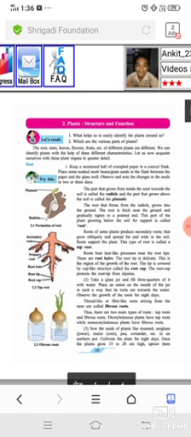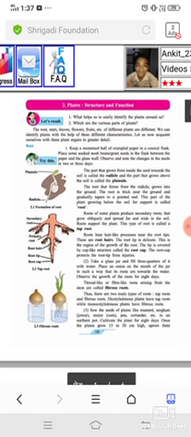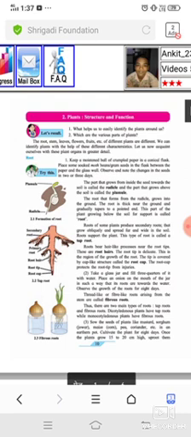The part that grows from inside the seed toward the soil is called the radicle, and the part that grows above the soil is called the plumule.